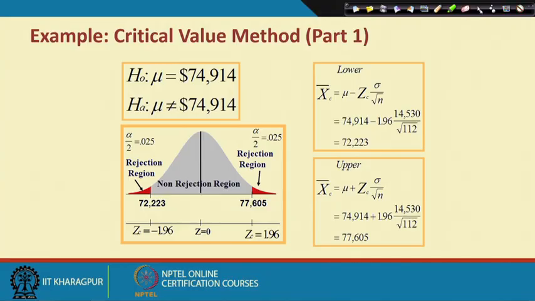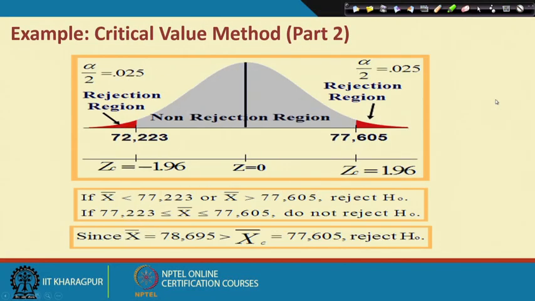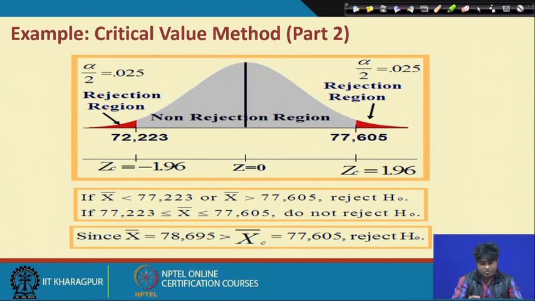Now, corresponding to this structure, I will give you another example. Here x bar is compared with the lower limit 77,223 and the upper limit 77,605. So the lower limit range is 77,223.